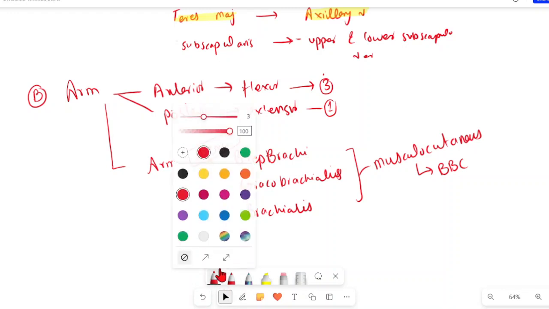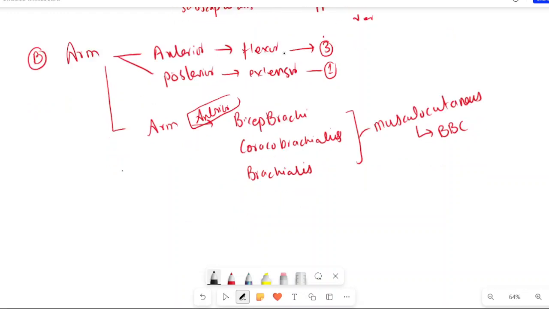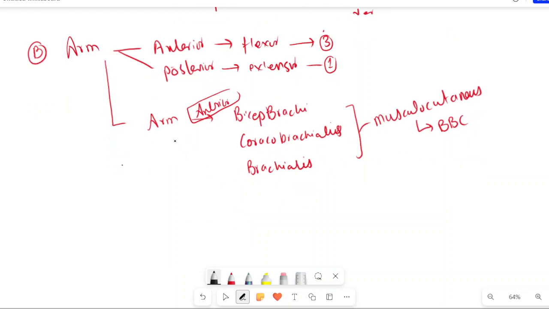Now toward the posterior side, if you come to the posterior view, posteriorly it has the triceps muscle.